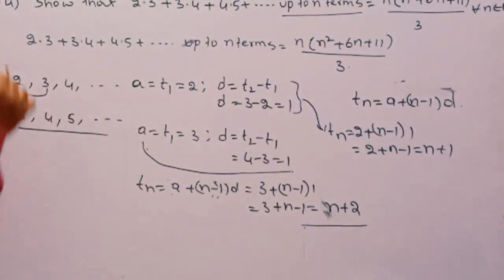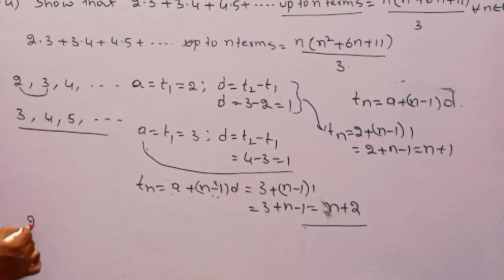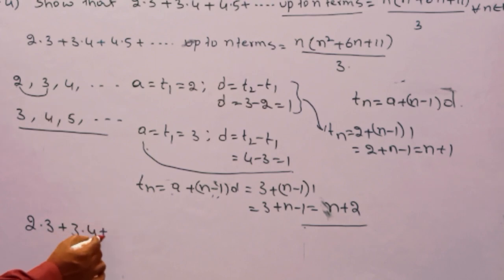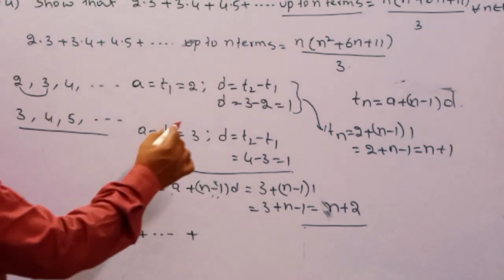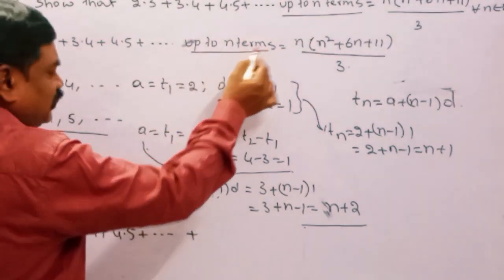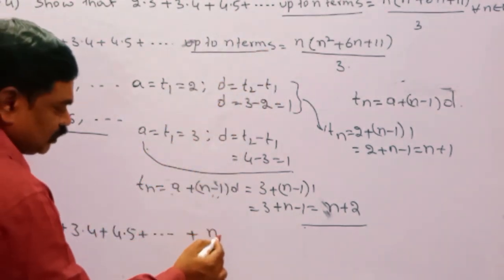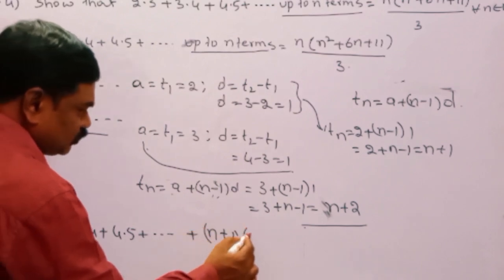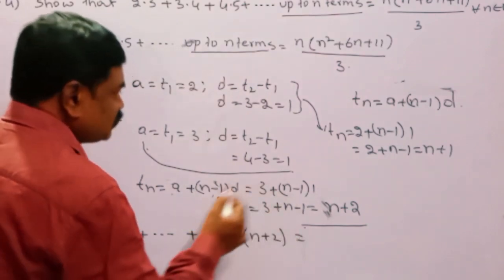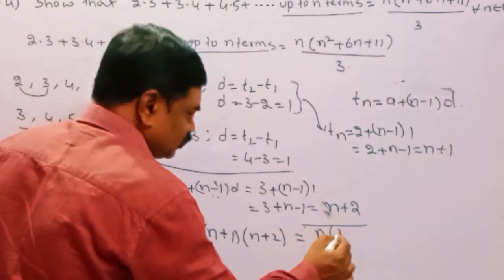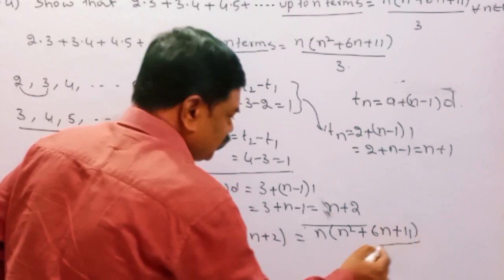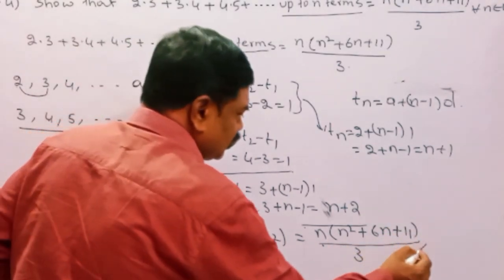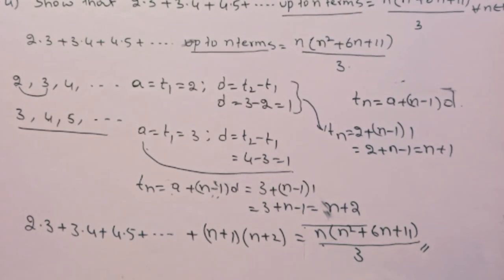Then what is the series? Rewrite the series: 2 into 3 plus 3 into 4 plus 4 into 5 plus so on plus the nth term, n plus 1 into n plus 2, is equal to n into n square plus 6n plus 11 by 3, which is the given series.